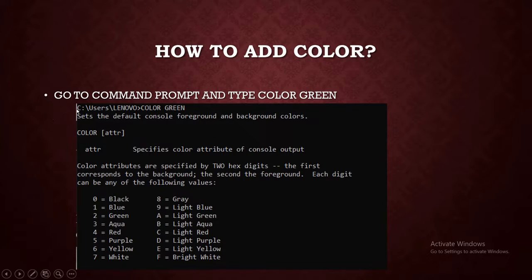I already have a screenshot of the different colors that are available on command prompt that we can use here on our TASM program. So don't forget to look for command prompt and type color green, and it will display the different colors available.